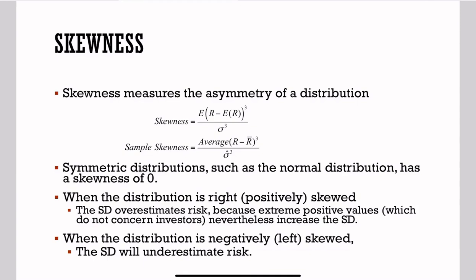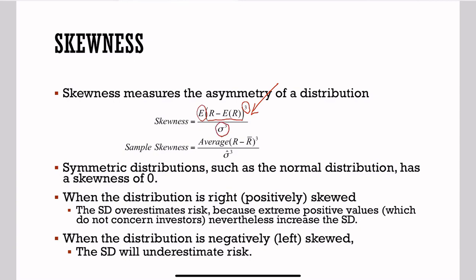If you have a probability distribution, skewness is measured as this: the deviation from the mean, with the exponent of 3, then taking the expectation, divided by the standard deviation.